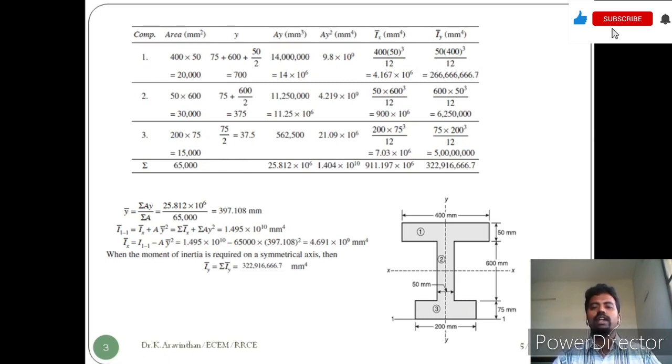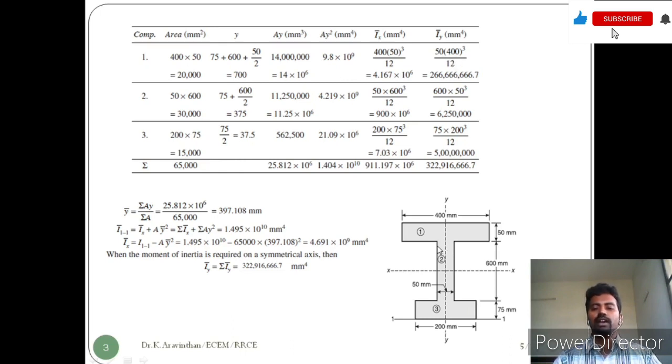Next, for finding the moment of inertia along the y-axis, it is indicated as I bar y. The formula is d b cubed by 12. So you have to interchange the b and d in this formula. Here depth is 50 and breadth is 400, that is why 50 into 400 cubed divided by 12.